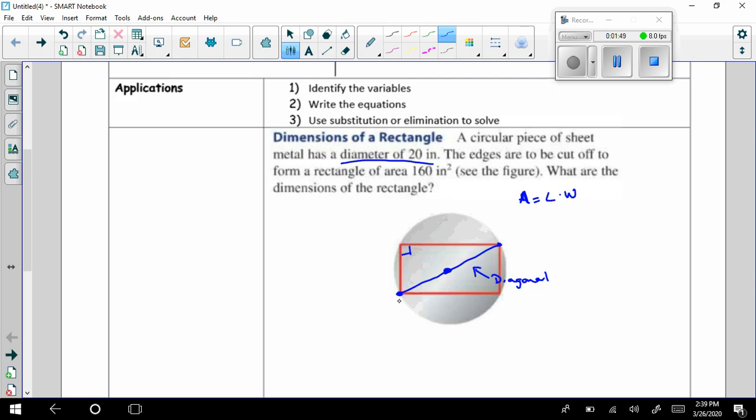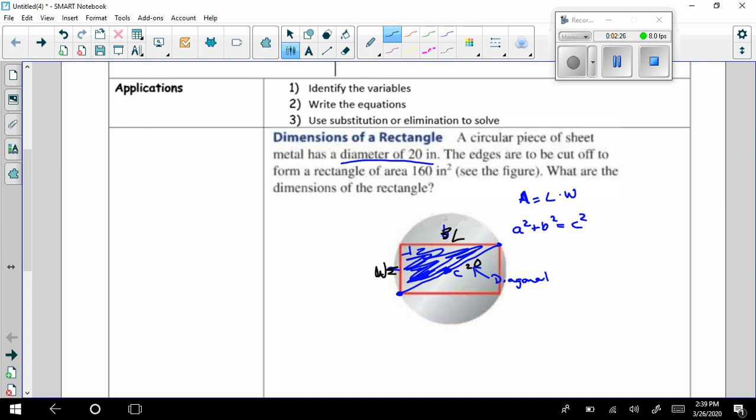Because this is a rectangle, it has a 90-degree angle, and the diagonal of this right triangle can be found using a squared plus b squared equals c squared, where you have a, b, and c. Well, a for this rectangle is the length, b is the width, and c is 20.